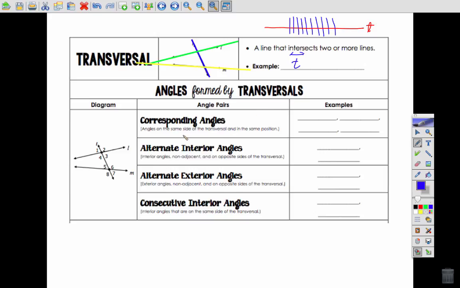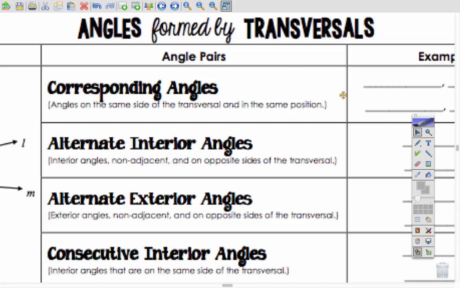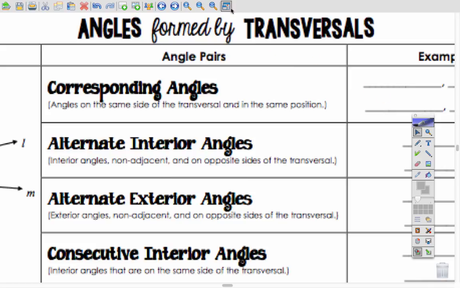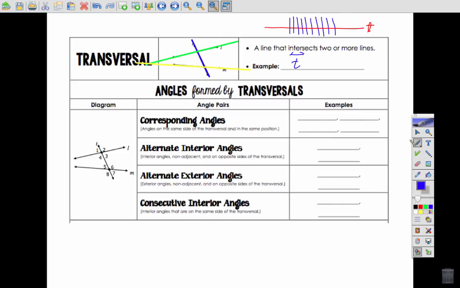With a transversal, it creates several definitions. Let me see if I can make this bigger first of all. Okay, we'll make do with it.